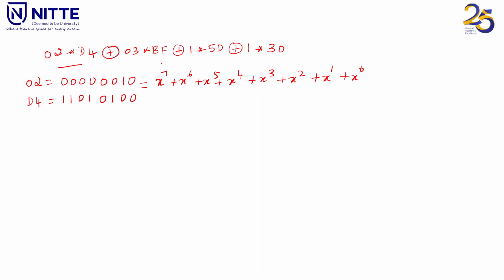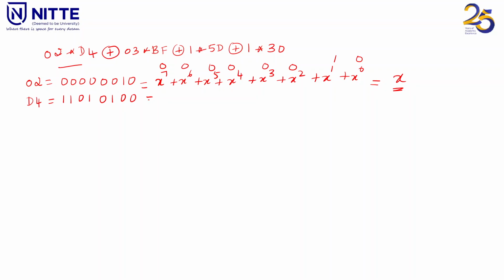So now I try to understand 0, 0, 0, 0, 0, 0, 1 and 0. Whatever the elements that are 0, we are going to neglect them. Only whichever is logic 1, that I'm going to consider. So this is now x.